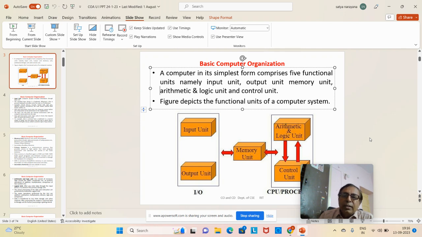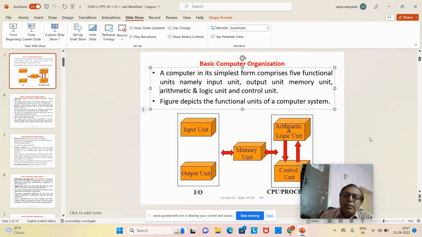So input devices are required, output devices are required, and some process is required. And if you want to store results, then memory is required. Altogether 5 units, we will go one by one. Input devices.